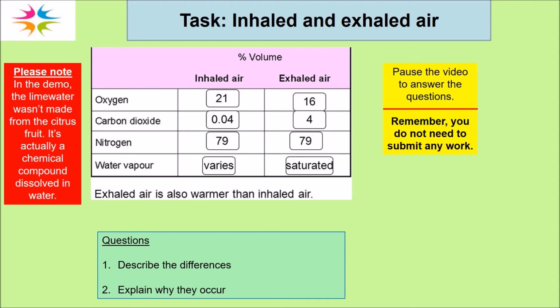Carbon dioxide is a byproduct of respiration, and so it increases in your body, and your body needs to get rid of the excess carbon dioxide. So both of them are due to the reactions taking place in your body.